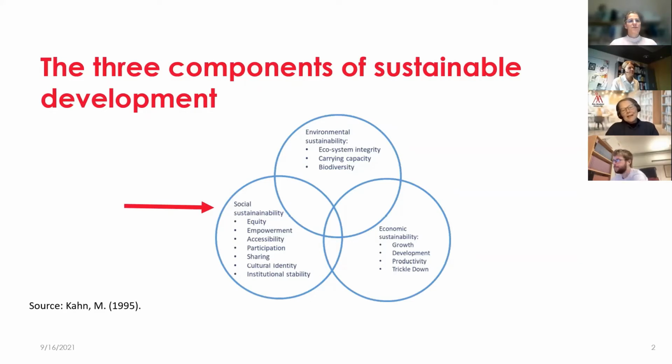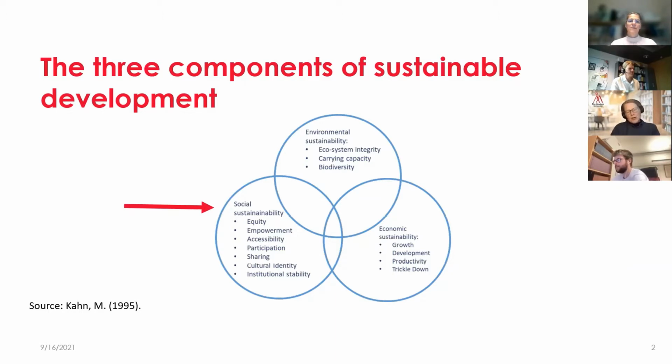And this is an image that you certainly have seen before, three circles that overlap. And you can see that here under social sustainability, there are concepts such as equity, empowerment, accessibility, participation, sharing, cultural identity, and institutional stability.